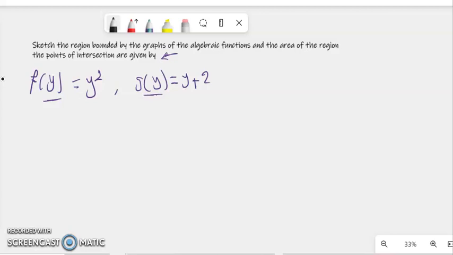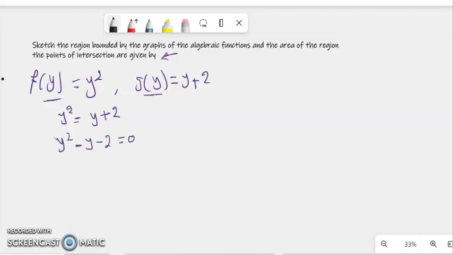So when the two functions have the same value, that means y squared equals y plus 2. So we'll say y squared equals y plus 2, and then we will solve for y. Subtract y plus 2 from each side: y squared minus y minus 2 equals 0.